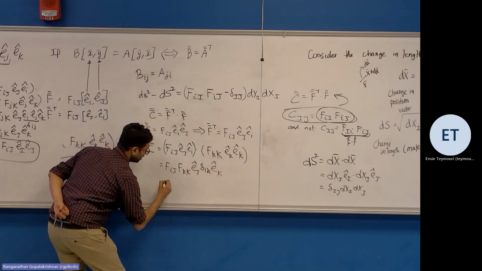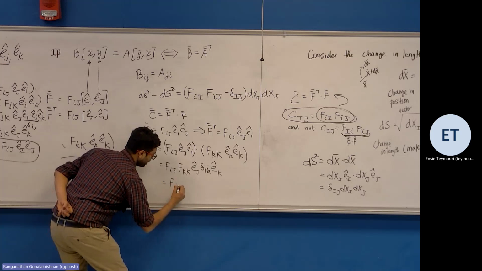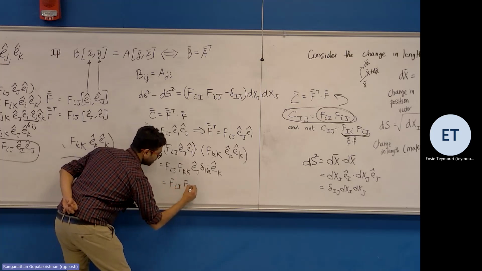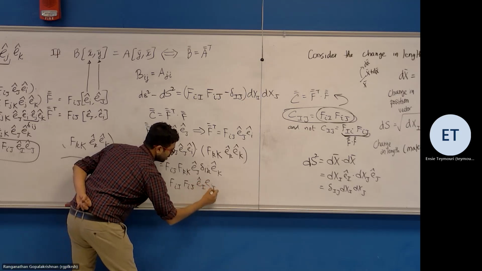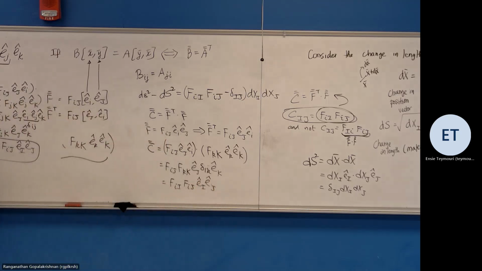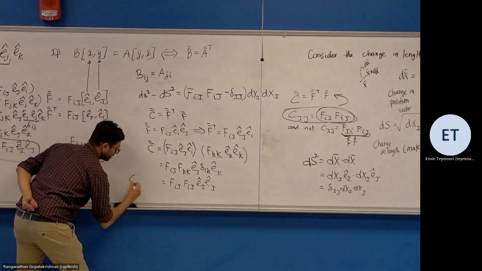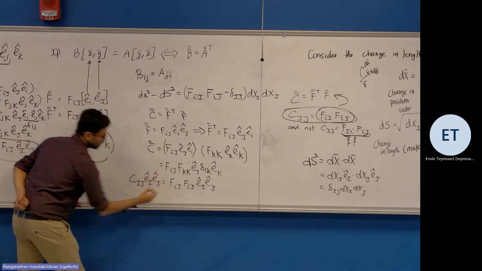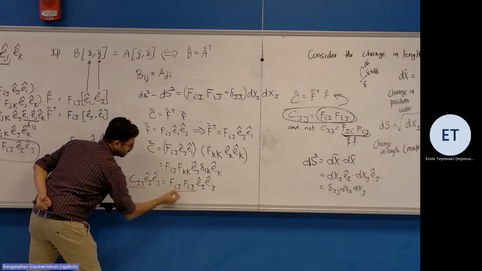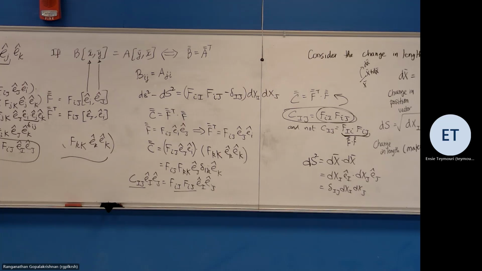So this gets me F_ki F_kj e_i e_j material. So we can say C_ij e_i e_j is this, that makes C_ij equal to this. It's a very fine point which required me to do some relearning, and I hope I conveyed my relearning to you also.